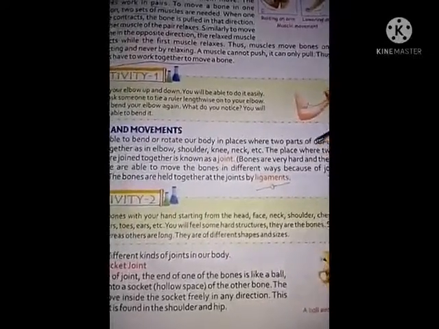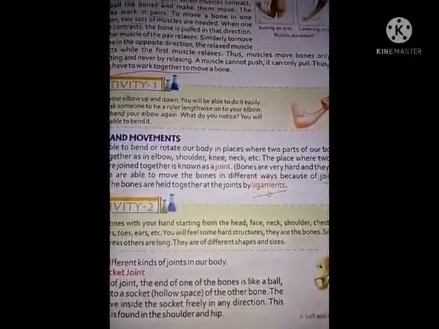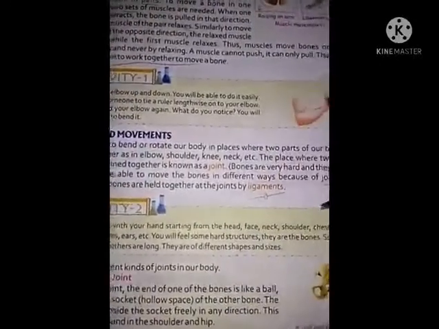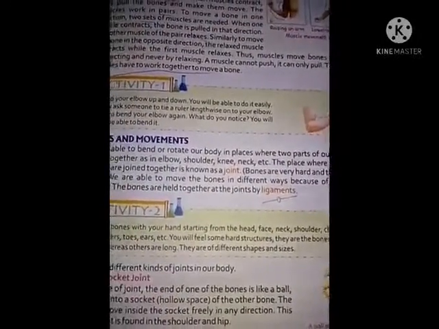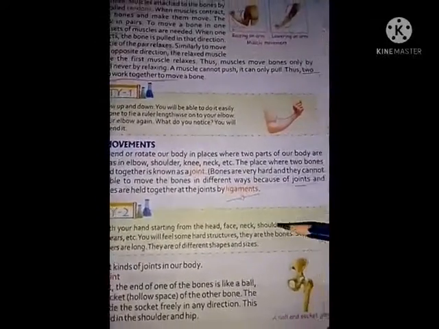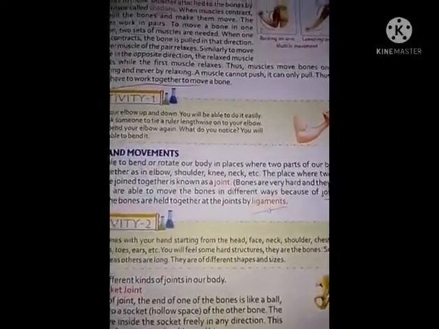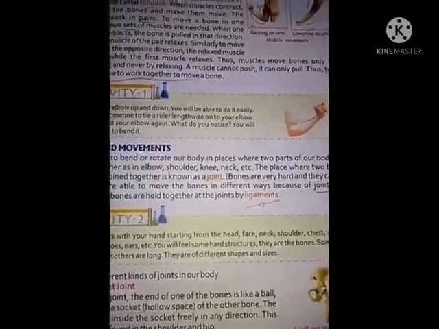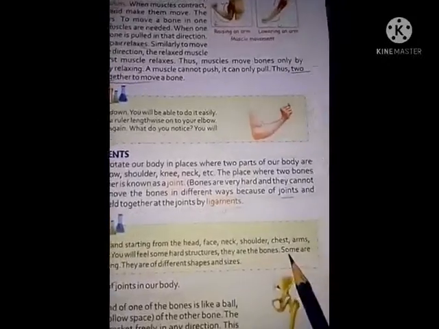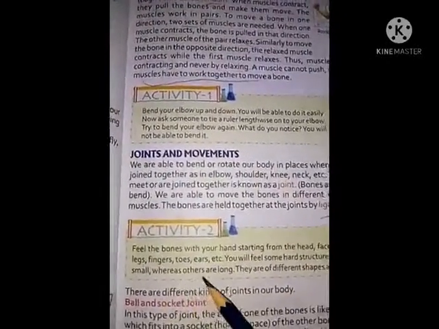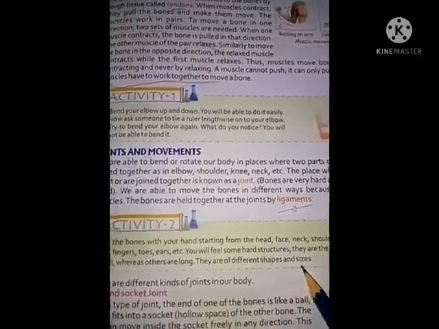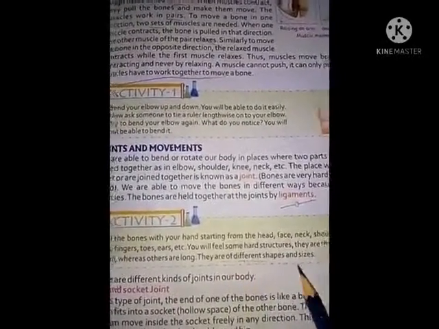The structures which you feel hard are bones. Some are small, whereas others are long. Bones are of different shapes and sizes.